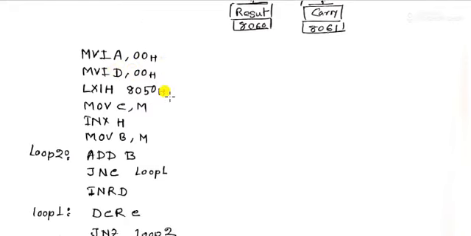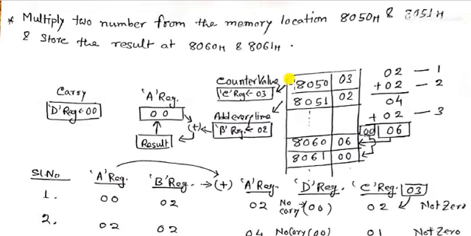Then load the 8050 location content to the HL pair, because successive address locations are used, so we can easily move the content by the HL pair.